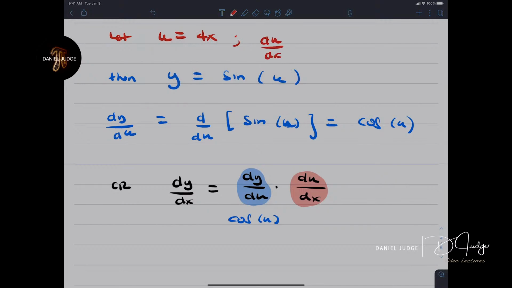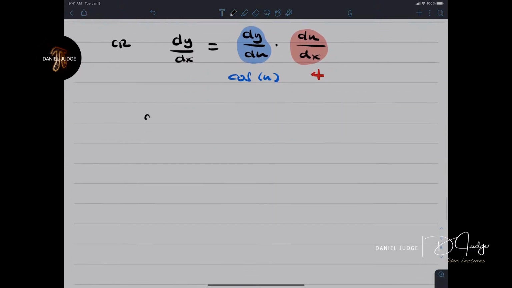Du dx is simply the derivative with respect to x of 4x, which is 4. So here's 4. dy dx is cosine u times 4.